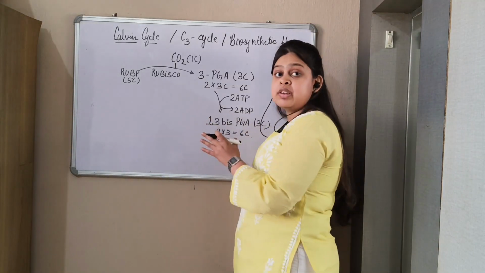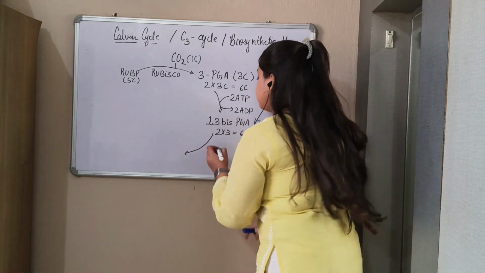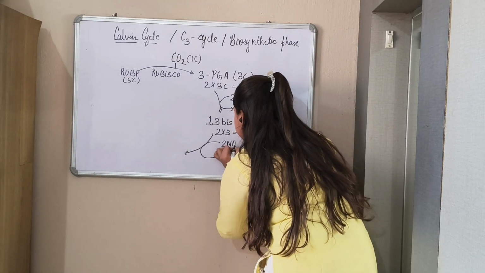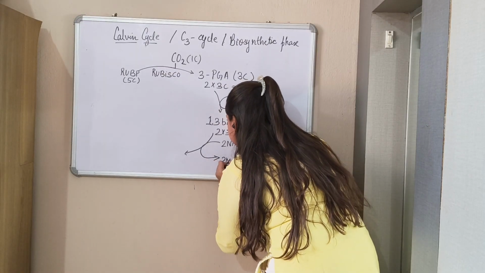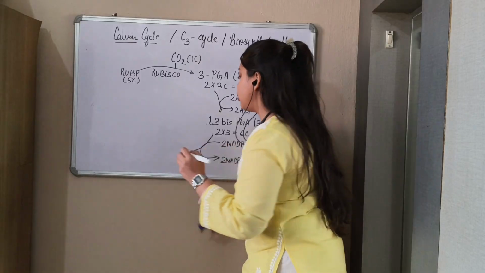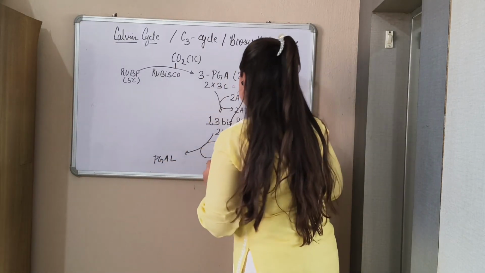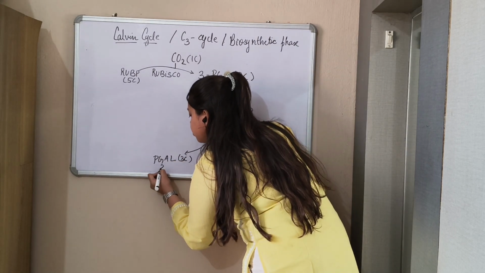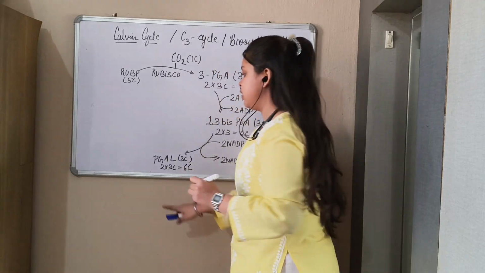Now 1,3 bisphosphoglyceric acid undergoes a reduction process by utilizing NADPH molecules. So 2 NADPH are utilized in this process to form an aldehyde molecule called phosphoglyceraldehyde. This is also a 3 carbon compound, so two molecules make 6 carbon.